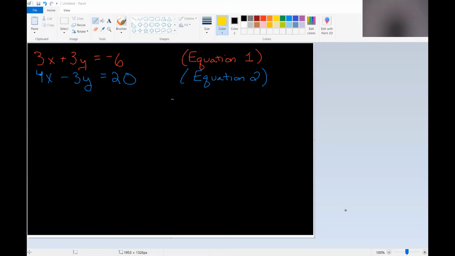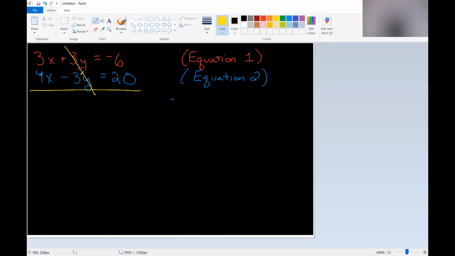solve the problem. Okay, so I've set up the two equations here. I've got equation 1 and I've got equation 2. Now to solve these equations, I can eliminate one of the variables. I'm going to eliminate the y variable because I've got a plus 3y and a negative 3y. Those will cancel out to be 0y.